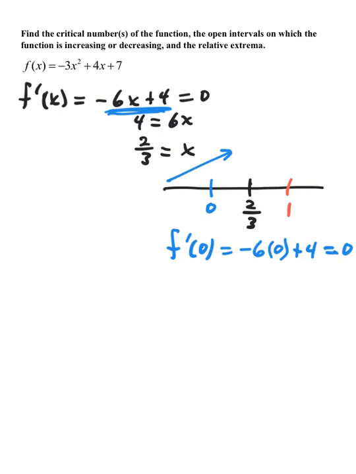F prime of positive 1, that's our other test number. Negative 6 times 1 plus 4, that's negative. I made a little boo-boo there.